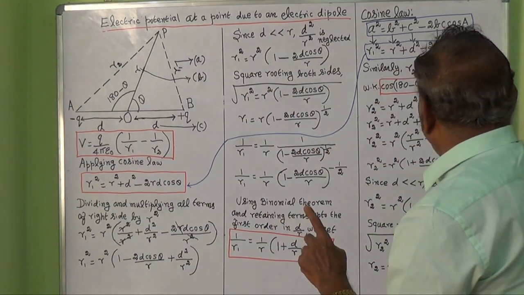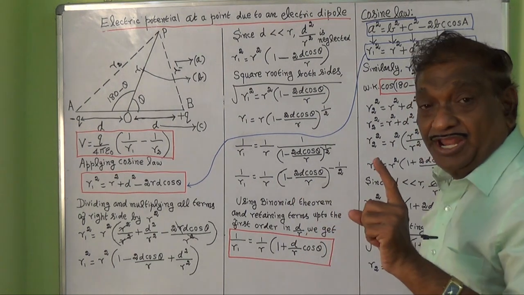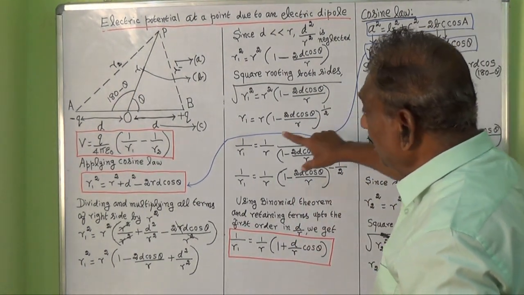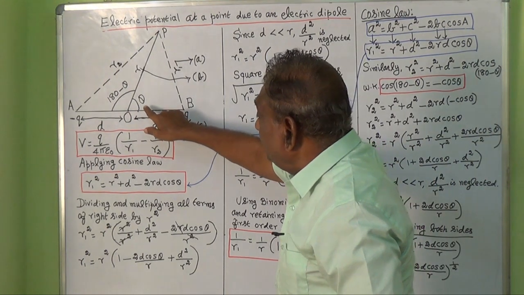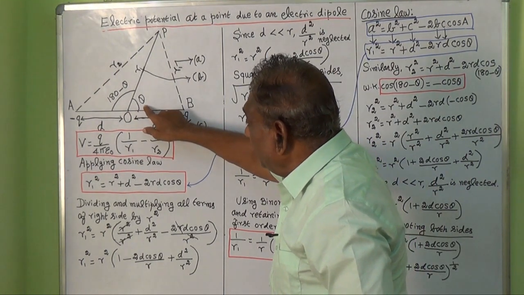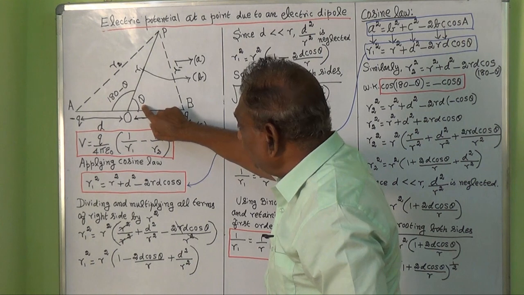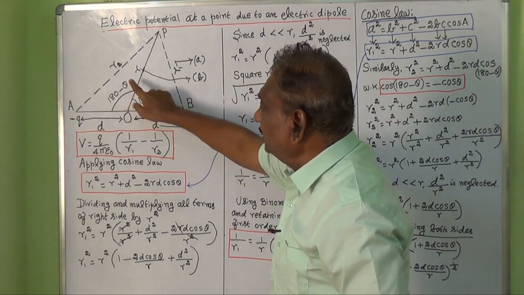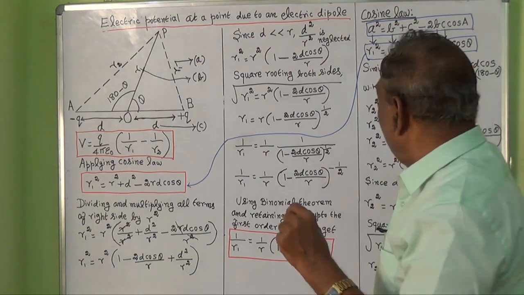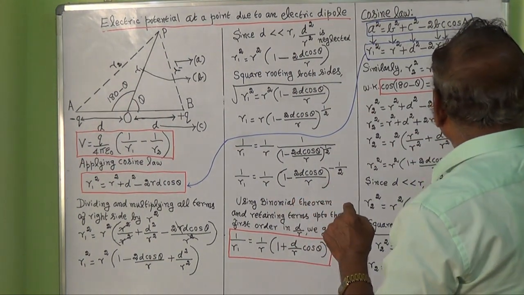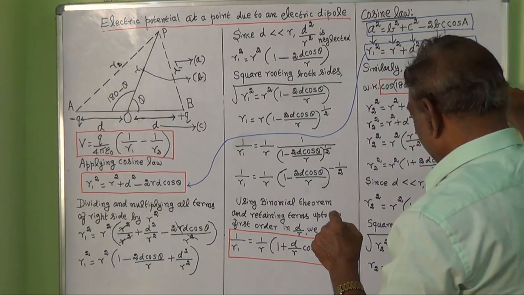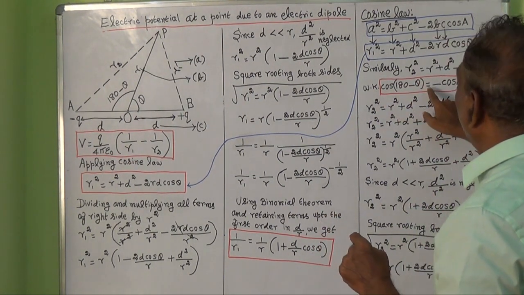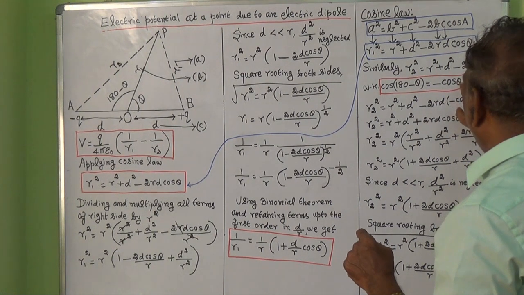But here the theta is written as 180 minus theta, because if this angle is theta, this angle will be 180 minus theta. What is the value of cos (180 minus theta)? We know that cos (180 minus theta) equals minus cos theta.